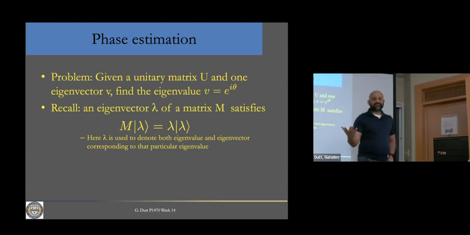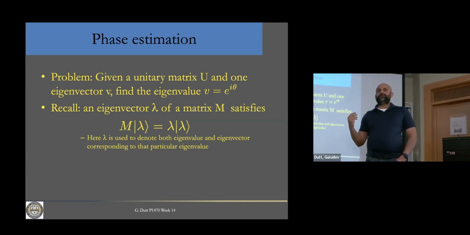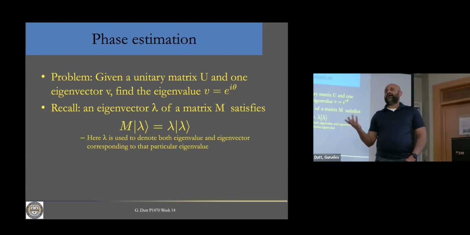Okay. So this is, for example, if you take the X state, right? We know that the eigenstates of the X gate or the X unitary operator are the plus and the minus states. Okay. And those plus and minus states have eigenvalue plus one and minus one.